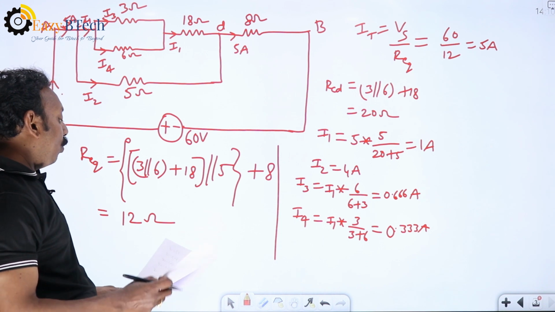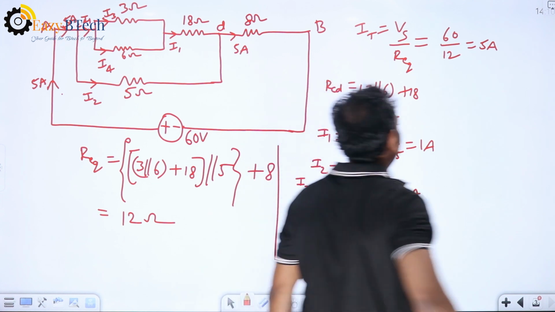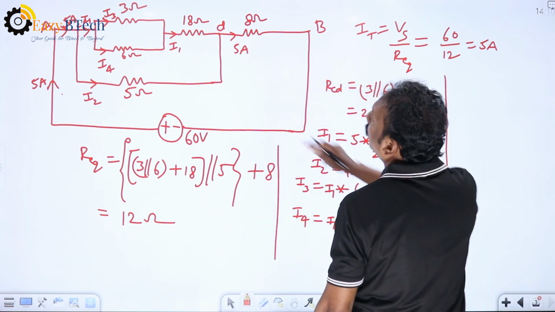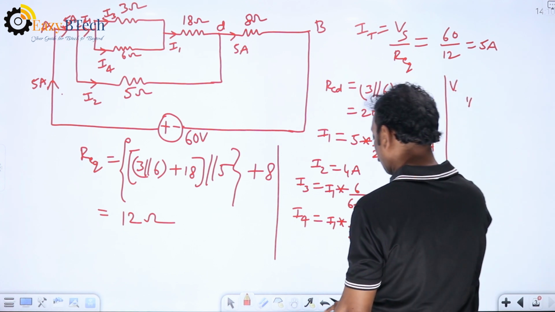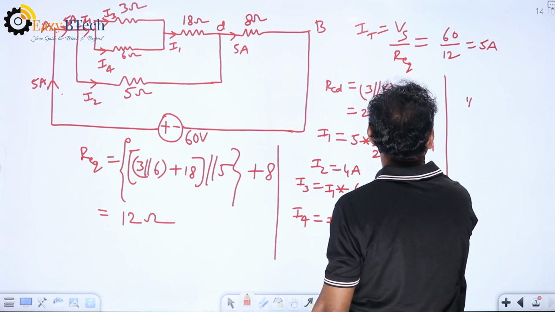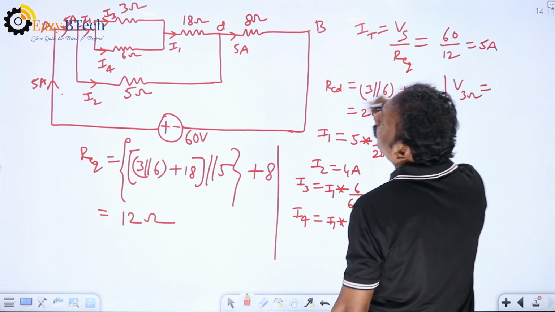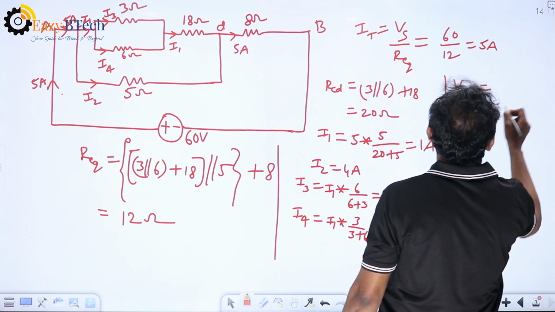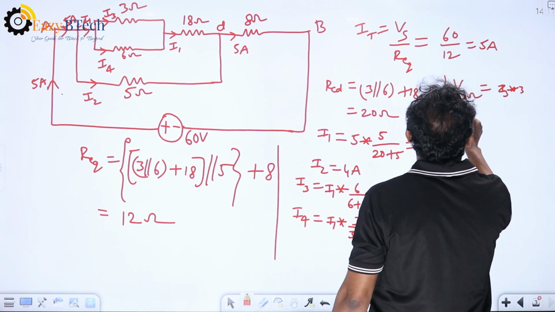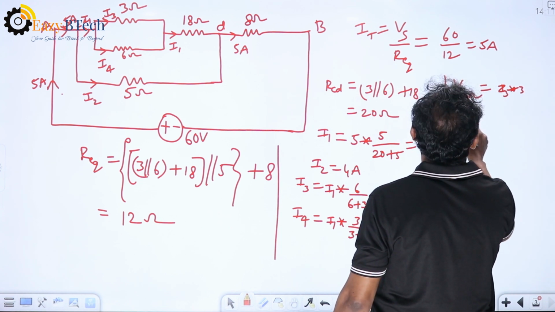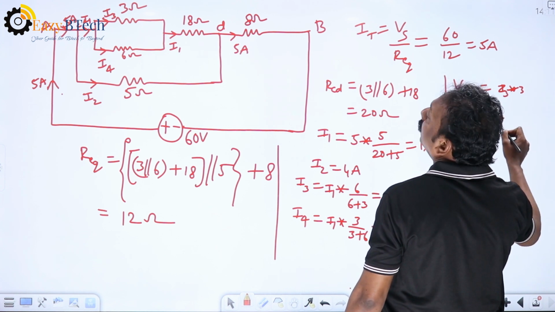So you know all the currents. Find the voltage across each element. You know the current values. Suppose I want to find the voltage across 3 ohm. Voltage across 3 ohm equals the current through 3 ohms, which is I3, into 3. And voltage across 6 ohms is I4 into 6 ohm.